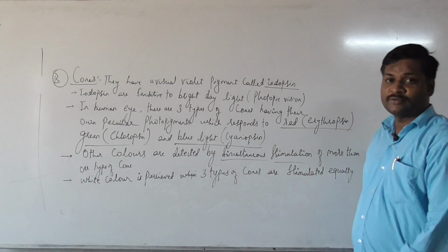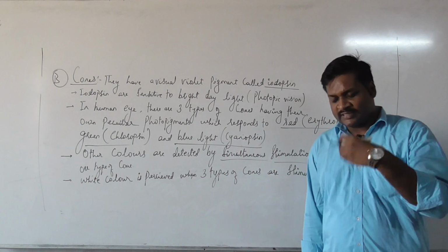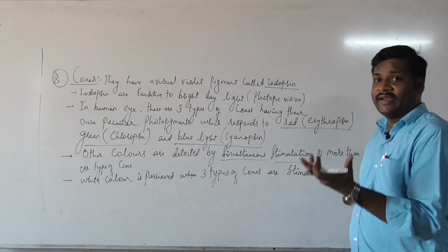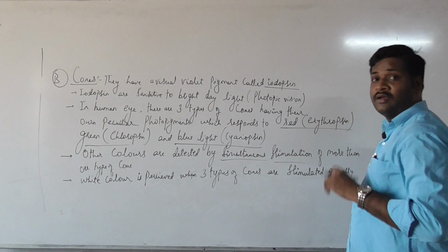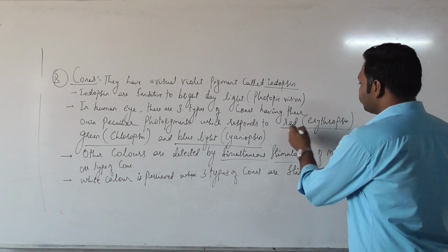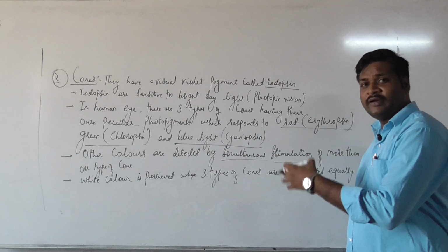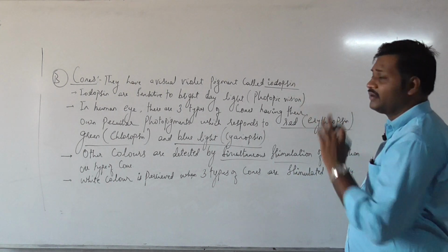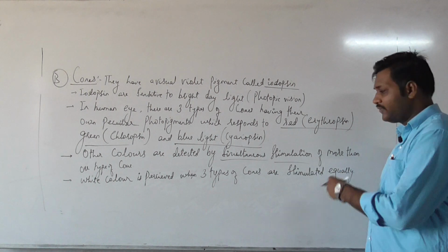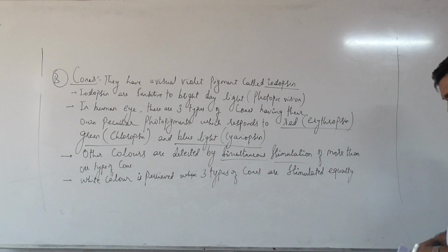When we observe anything white, like a white board, it is due to the stimulation of these three types of cones, red, green, and blue, stimulated equally. At that time we can observe white. So you can pause the video and write down these points, and we'll move to the next points again.